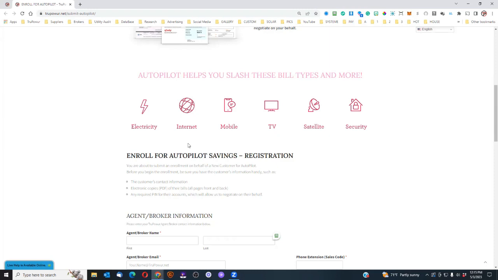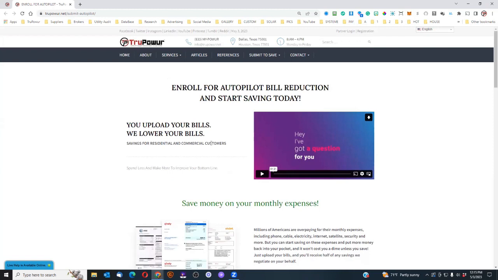And the commercial customers can be uniquely higher than that as well. So the AutoPilot bill reduction service, again, is moving forward where the audit goes backwards. The AutoPilot bill reduction moves forward and does not change any of their services. And that is available for both residential and commercial.